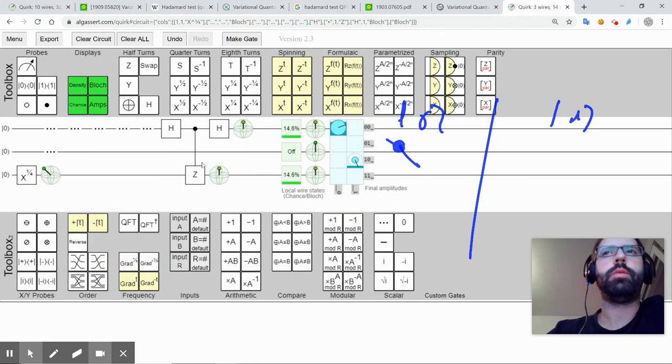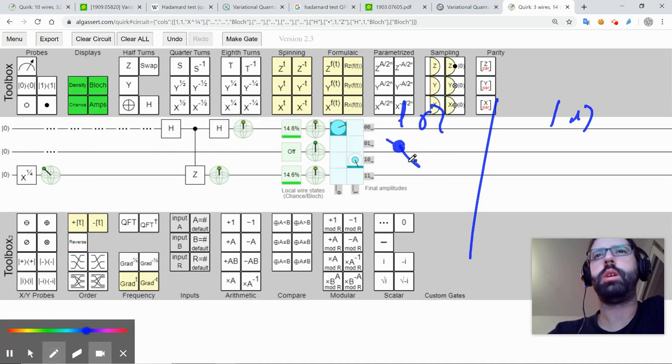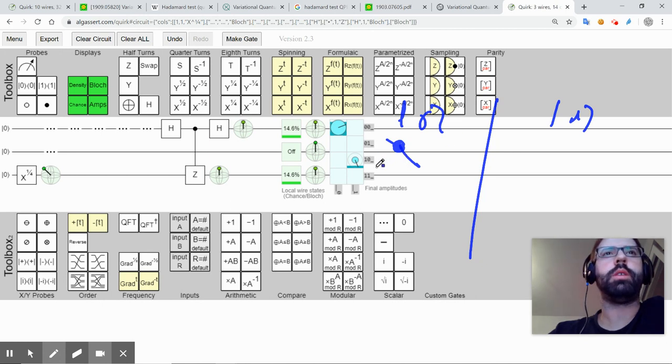So the point is, for the part that is 0, it stays like that. For the part that is 1, it creates the mirror state because it applies a Z. It creates a mirror state.